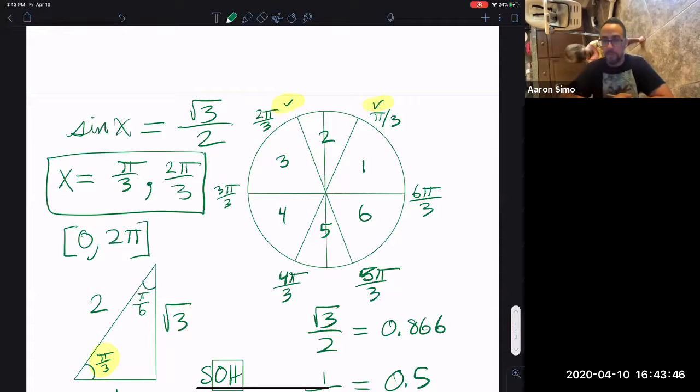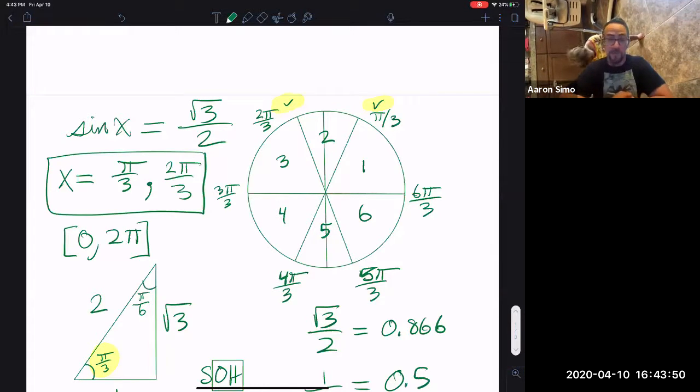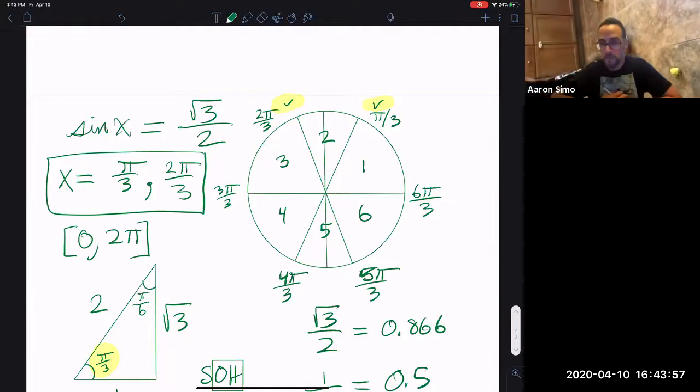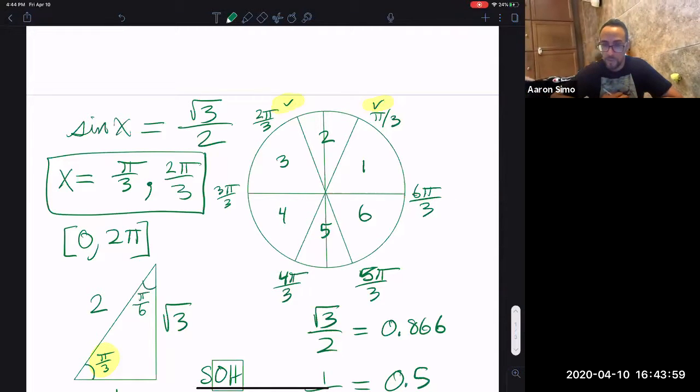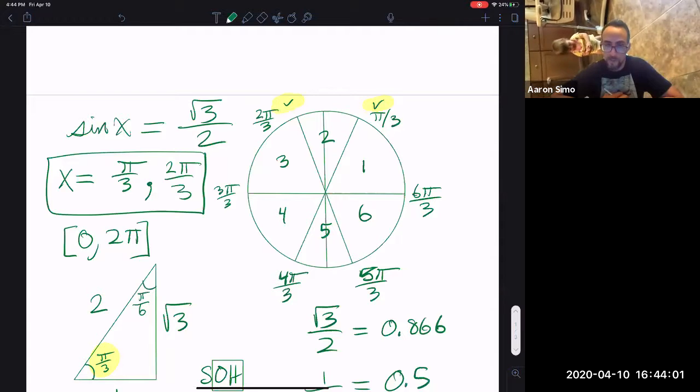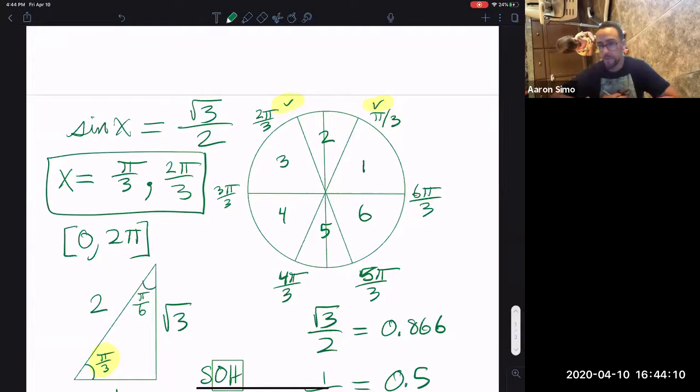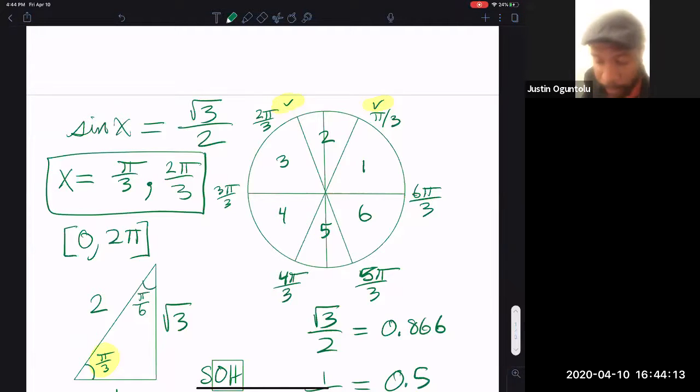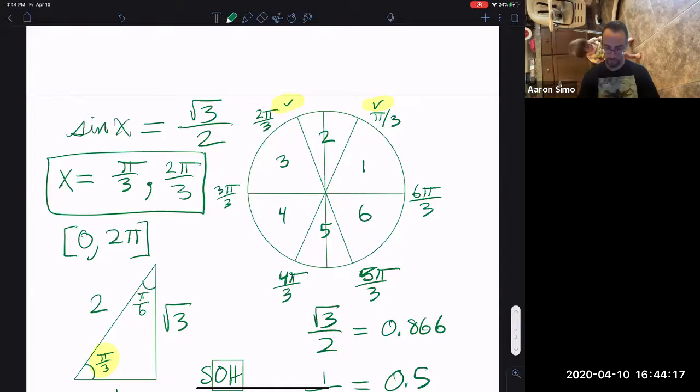If they don't say that, then there are infinite solutions, because the sine function goes on to infinity. There's some questions where they don't say you're restricted between 0 and 2 pi, so you have to give all of the solutions, but I don't know if she assigned those. Okay. That's good. Those are tricky.